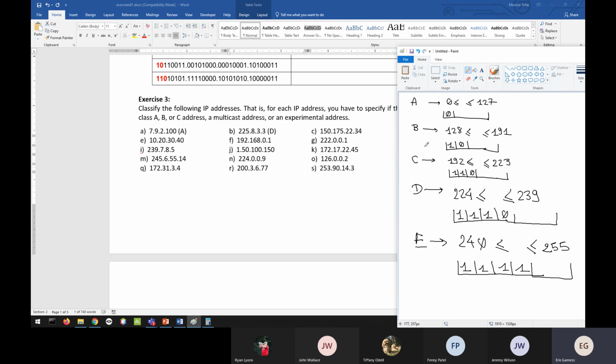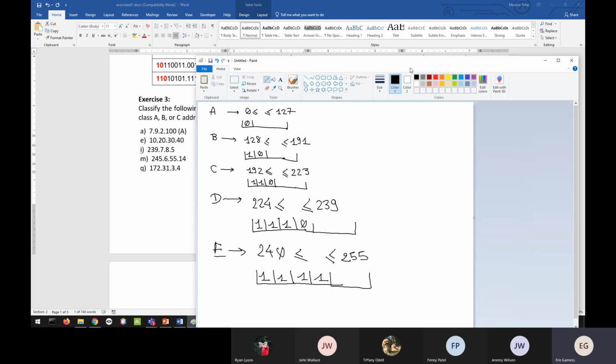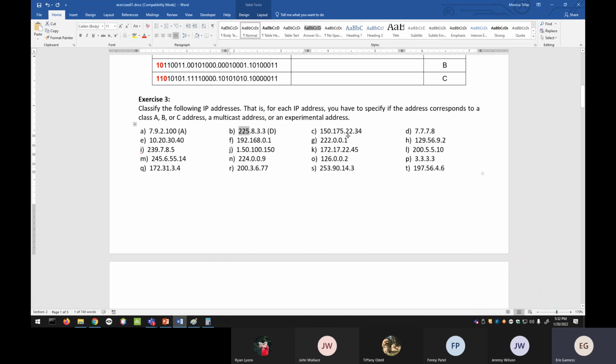If you look at the slides that we saw last time, it says multicast is D, and E is experimental. Every time that we say multicast, we are in class D. So this is a unicast address. So unicasts are A, B, and C.